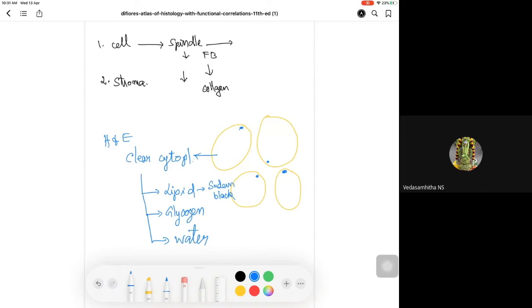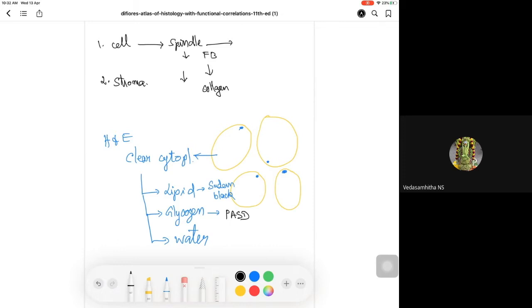Gout crystals are another example. Cholesterol crystals are another example. We see them because they are not there, and just the empty spaces are there. So that's one of the concepts you have to remember. So for lipid you do Sudan black, for glycogen you do PASD, and we don't have any stain for water. This is another concept you have to remember.